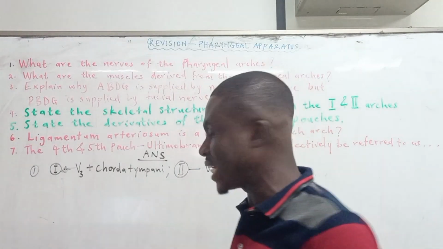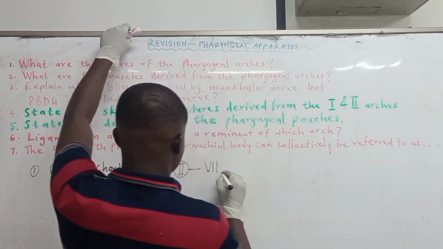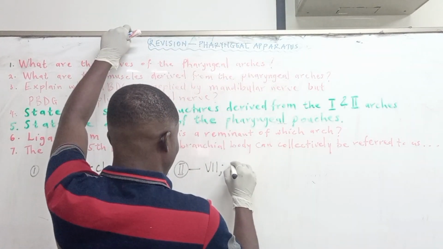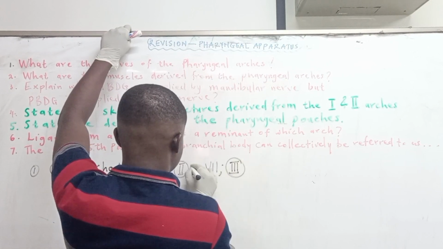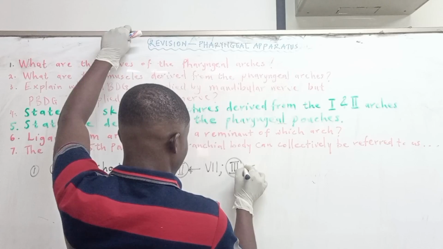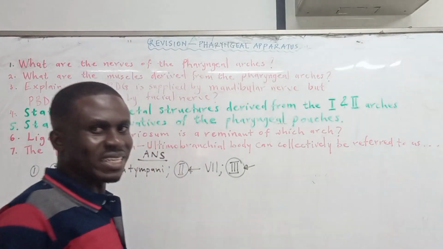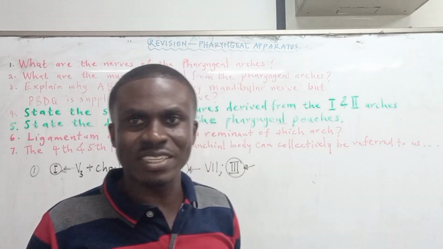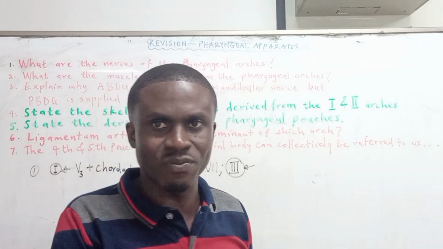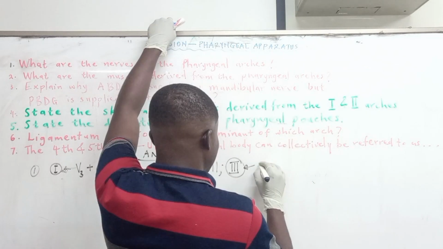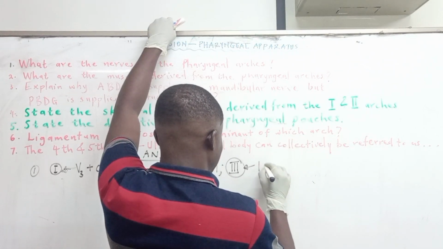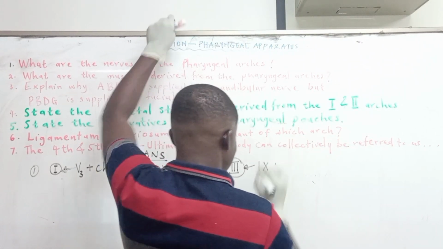Now, if you go to the 3rd pharyngeal arch, the nerve supply, the nerve to the 3rd pharyngeal arch, my friends, is the glossopharyngeal nerve. And the glossopharyngeal nerve is nothing but, of course, the 9th cranial nerve.